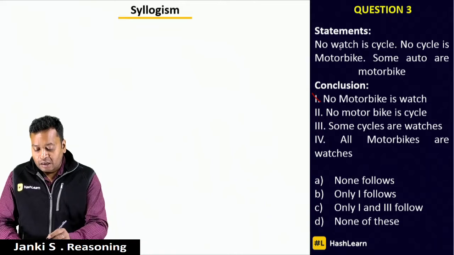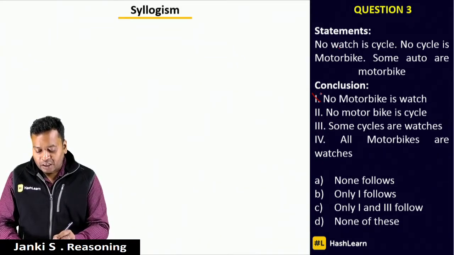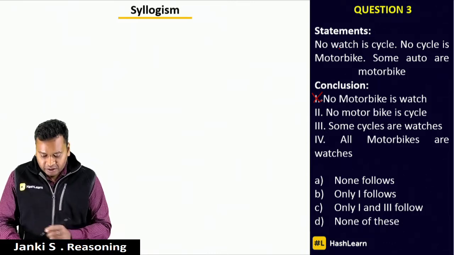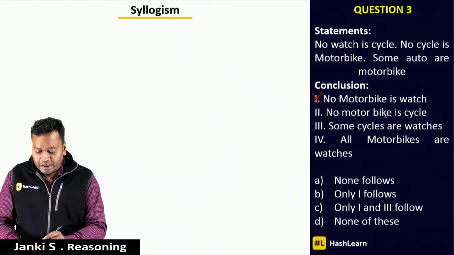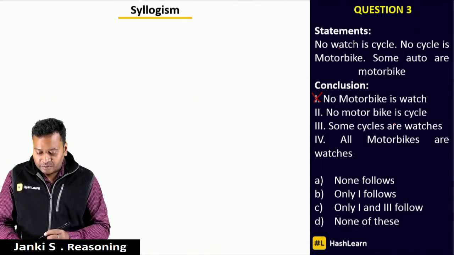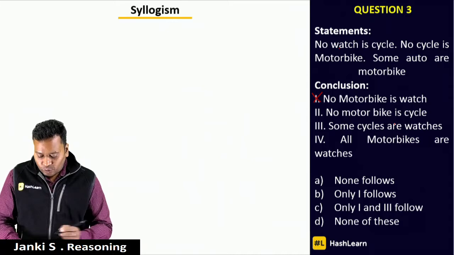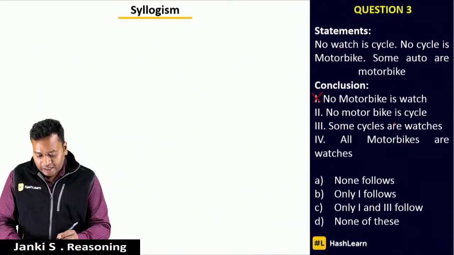No says if I'm talking about watch and motorbike, I cannot have a conclusion possible, right? Then no motorbike is a cycle, right? So no motorbike is cycle. So no motorbike is cycle will follow this thing, right?